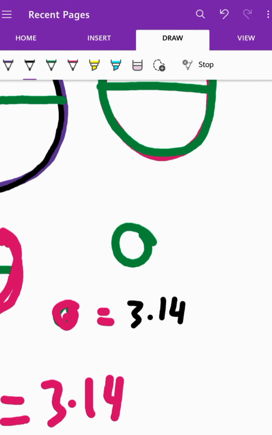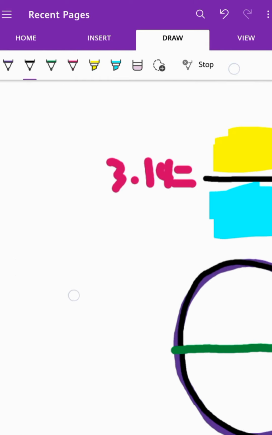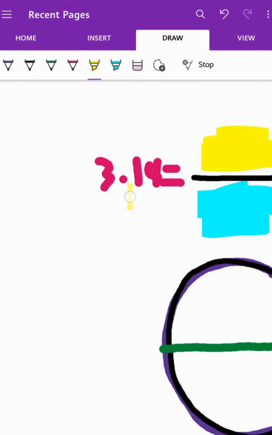All the circles in the world, if you measure the circumference of them one by one and divide the circumference over the diameter, you will get 3.14.